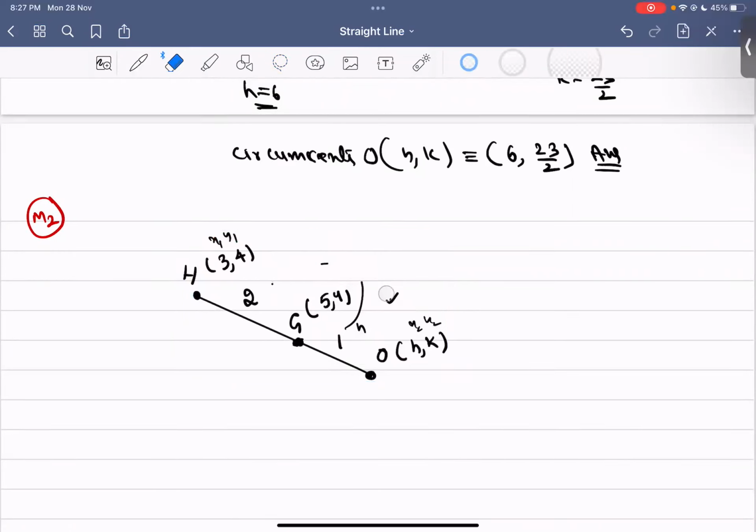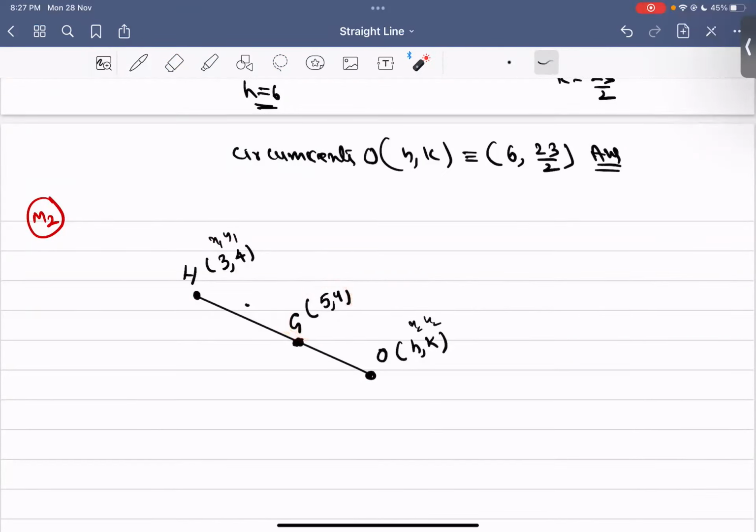Here we have solved the problem with respect to G. That is, G divides H and O internally in the ratio 2:1.